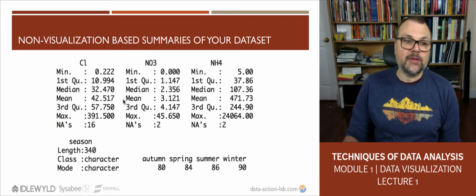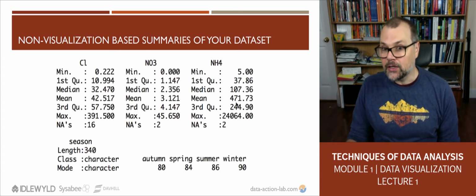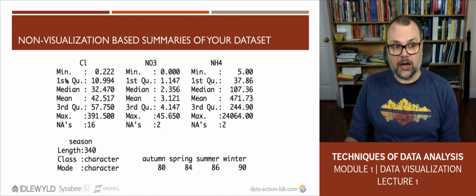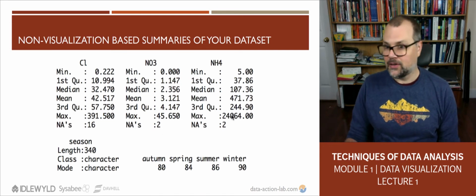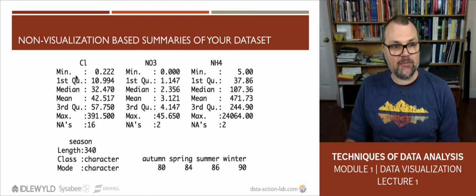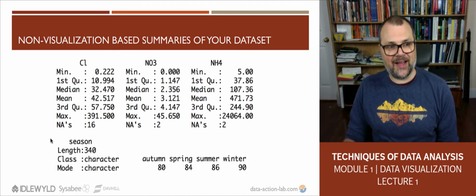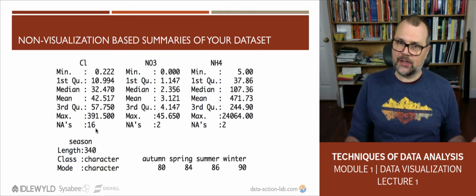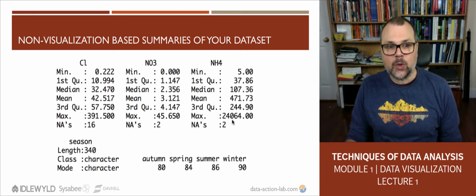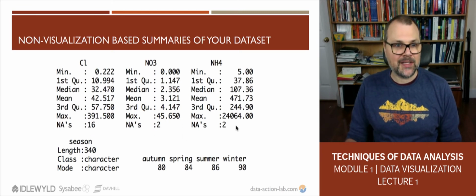We have what's typically called a 5-point summary, although there's 1, 2, 3, 4, 5, 6, 7 measurements about the summary: the minimum value, first quartile, the mean or the median, centrality measures, the third quartile, the max value, and some NAs here. So this summary allows us to figure out, okay, we have some data quality issues. Some of these variables are missing.